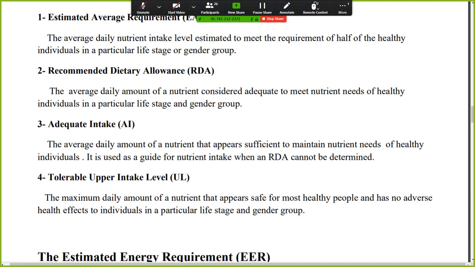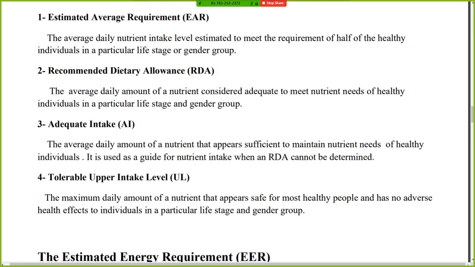Number 3, adequate intake, is defined as the average daily amount of nutrient that appears sufficient to maintain nutrient needs of healthy individuals. It is used as a guide for nutrient intake when the recommended dietary allowance cannot be determined.